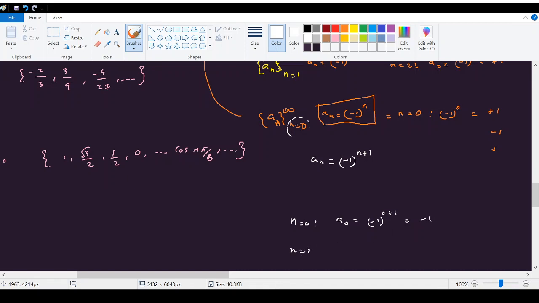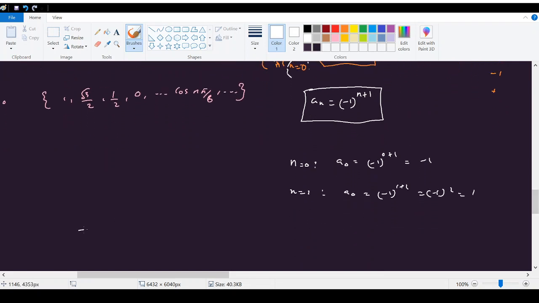And n equals 1 will give you a_1, with 1 plus 1, that is negative 1 to the power 2, which is equal to 1. Now, if we start at a different number, we have to change the given equation for the sequence. All these things will matter when we define a sequence precisely.